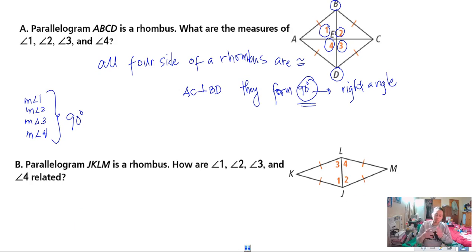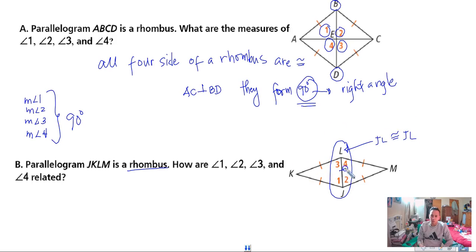The given parallelogram already states that it's a rhombus, and all of the sides are congruent. There is a diagonal here, JL. JL is congruent to JL, of course, by the reflexive property.